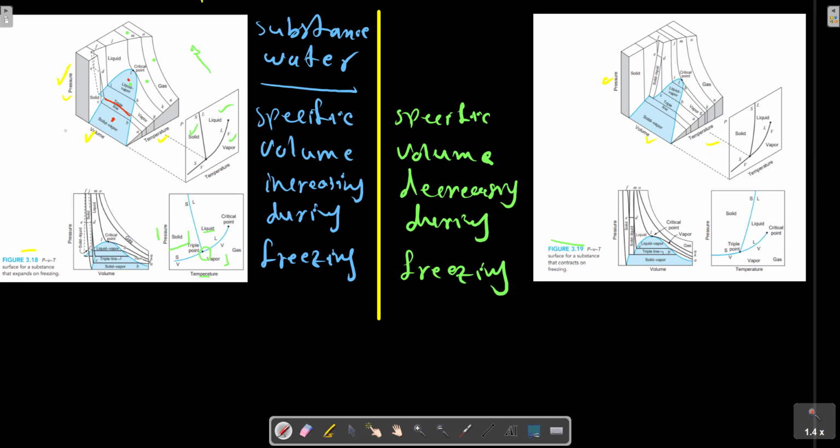Here are ruled surfaces. By this we understand that they are made up of straight lines parallel to the specific volume axis.